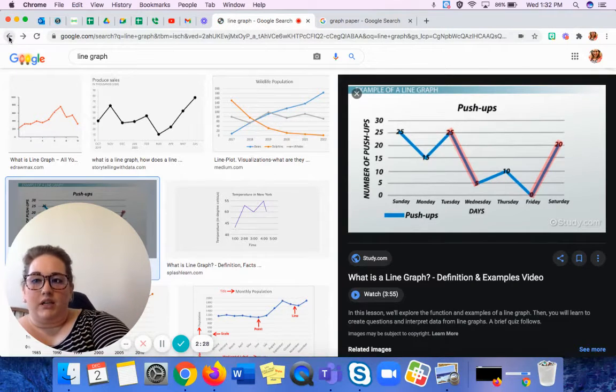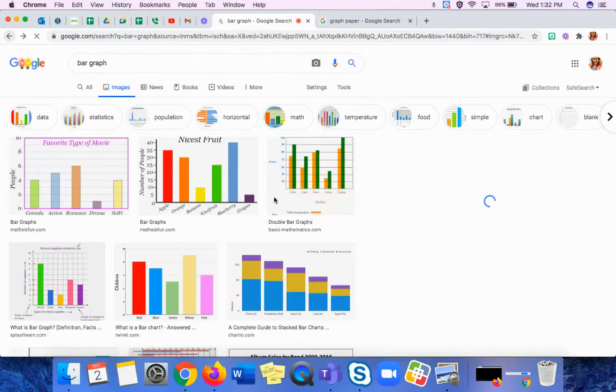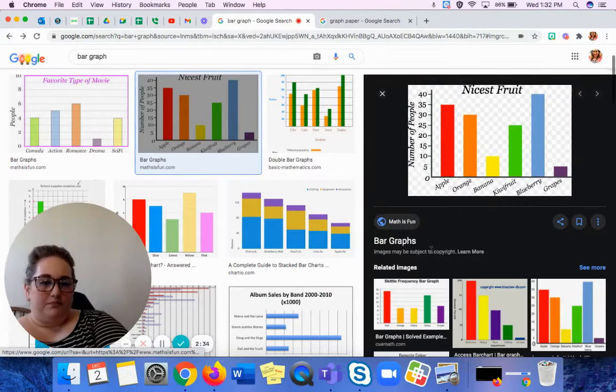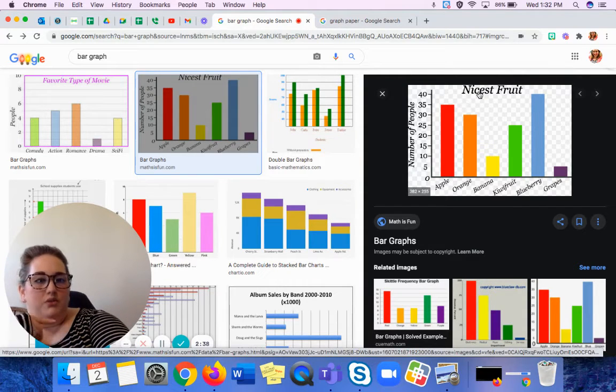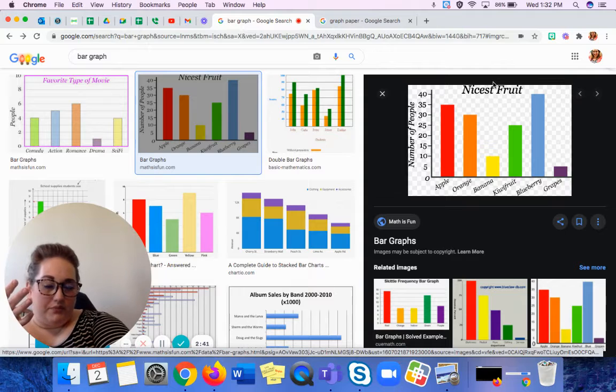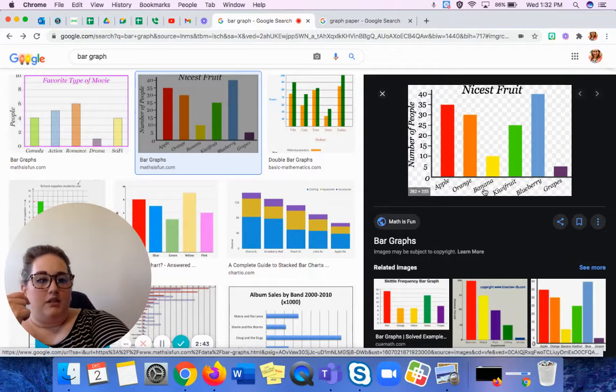Okay, if you wanted, you could also create a bar graph. Now this bar graph here shows people's preferences for fruit. Okay, the types of fruit are down at the bottom. On the side, they tell you this is the number of people surveyed or questioned.